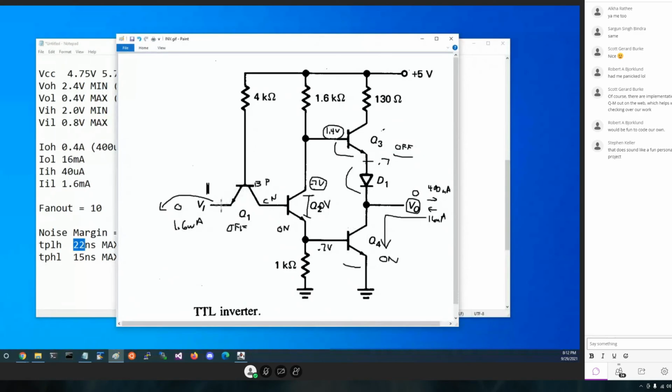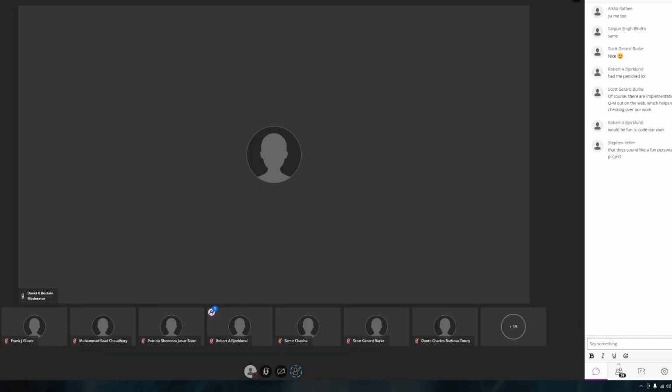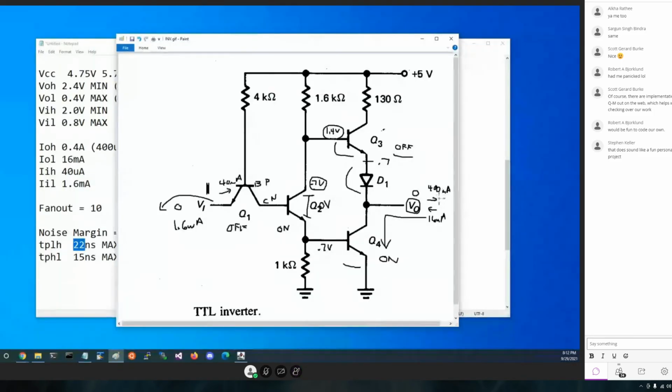Also, this has to be able to take in 40 microamps. Which is, if this is providing 400 microamps to a device, these are outputs going to its inputs, and we can do 10 of them, they have to be able to sink 40 microamps.